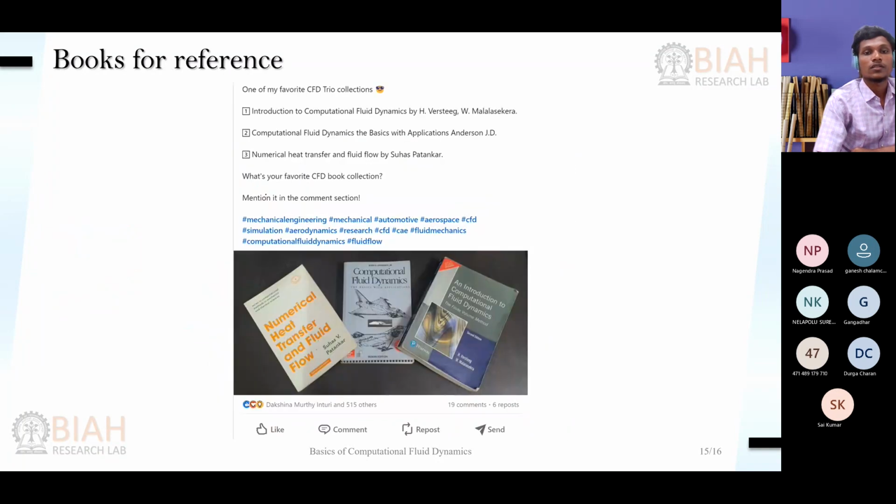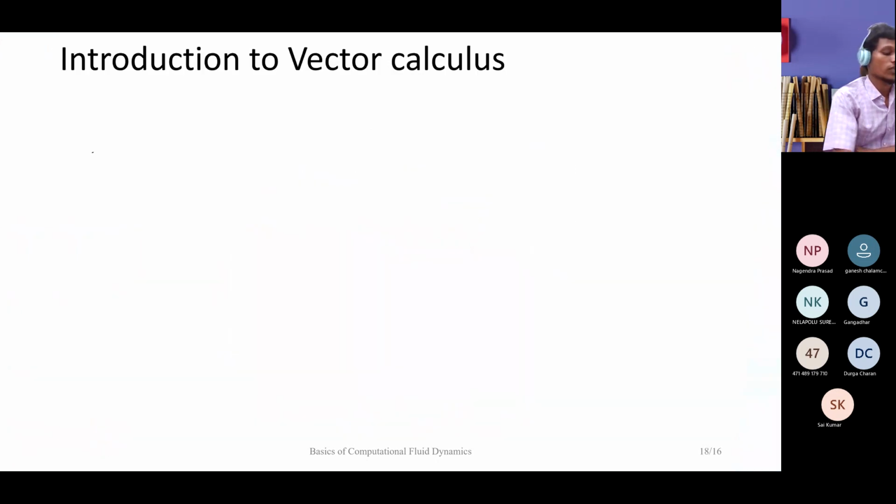So let's start. What is this vector calculus? The vector itself is basically stated in a three-dimensional space. It can be Cartesian, spherical, or cylindrical coordinates. Suppose I have Cartesian coordinates: this is my x coordinate, this is my y coordinate, this is my z coordinate.